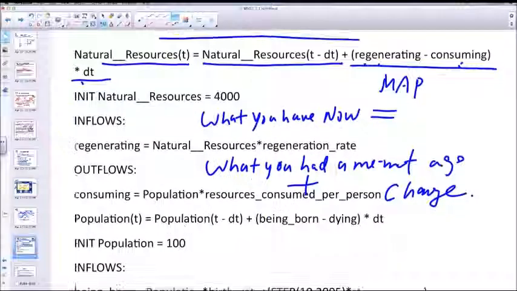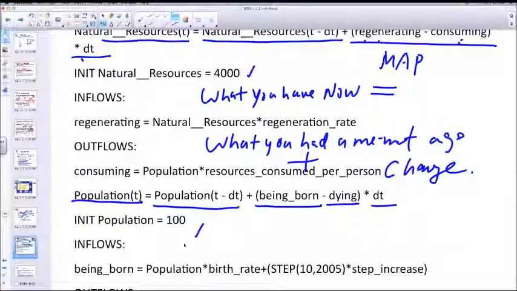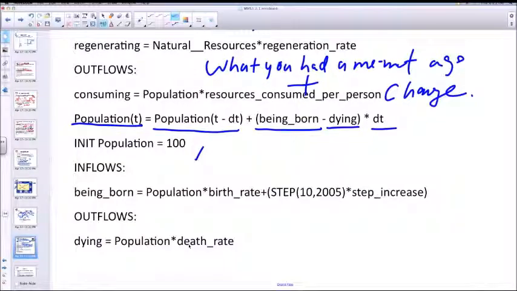Well, the same is true for population. Look, the population now equals the population a moment ago plus the newborn minus the new death. That's it. And then you put in all the numbers, the original resource, the initial population, and the interesting thing is they give you all this as a graph function.